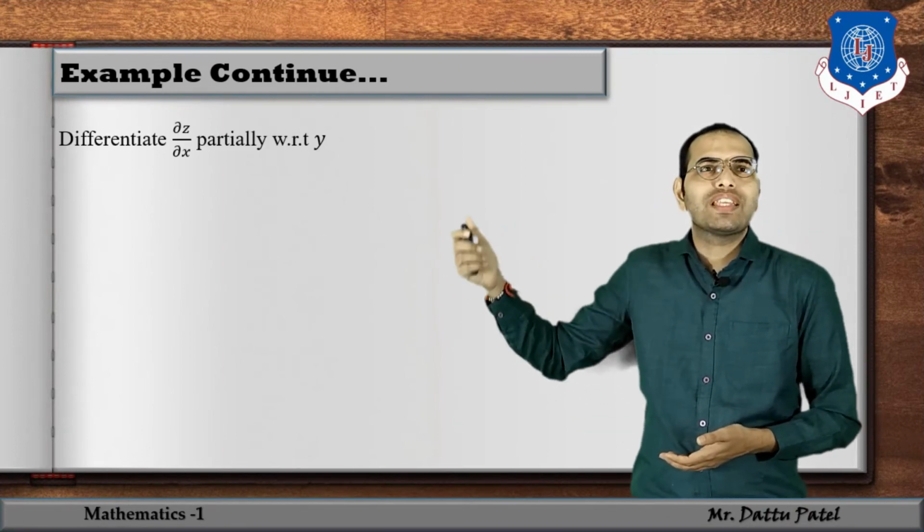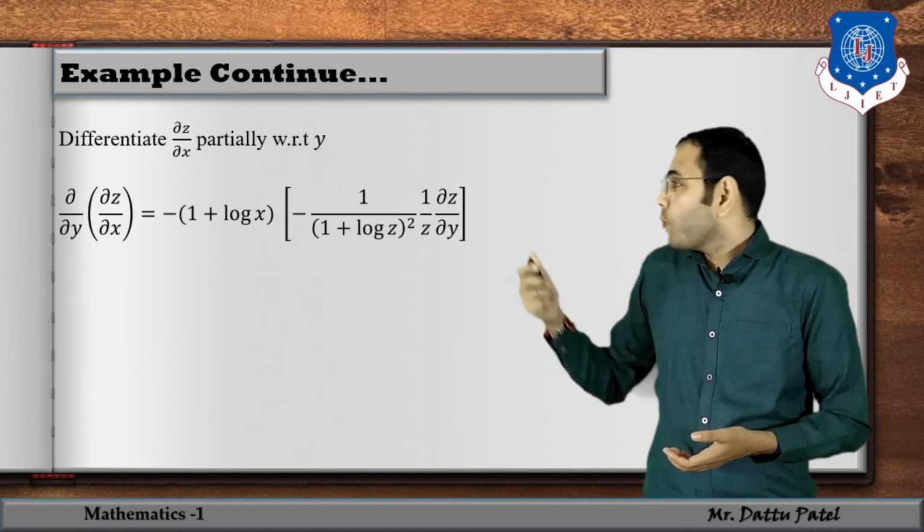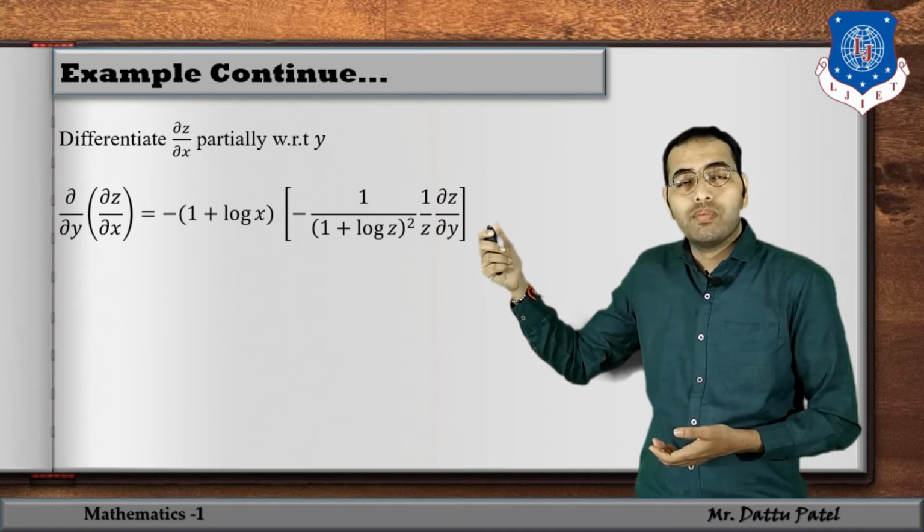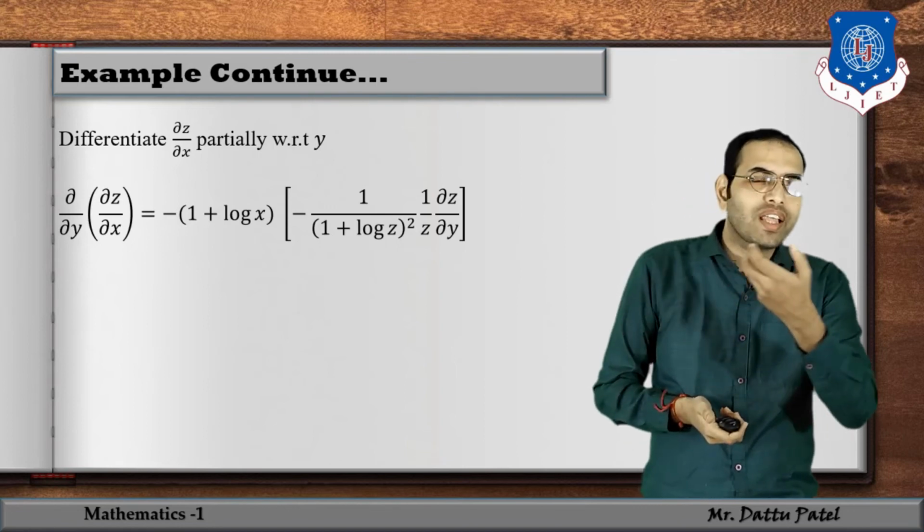Now again differentiating ∂z/∂x partially with respect to y, that means ∂/∂y of ∂z/∂x. Minus (1 plus log x) is constant, so it comes outside.